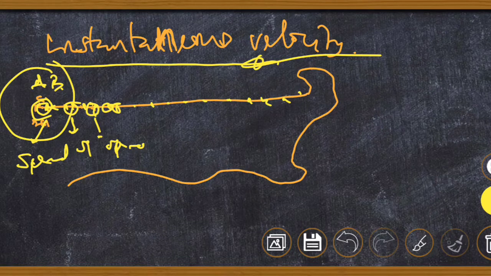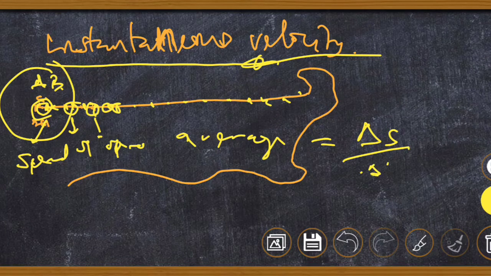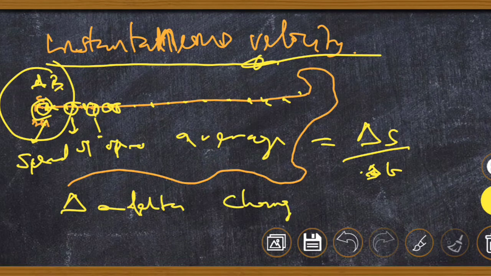Don't forget that average velocity is always the change in displacement, let's use S as our displacement, change in displacement all over change in time taken. Now, this change here is simply denoted by delta, which indicates change. It simply indicates a change, final quantity minus initial quantity.